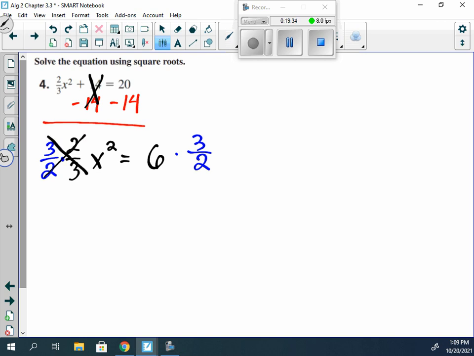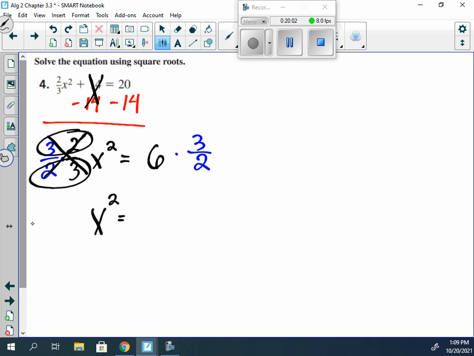Because these will cancel out, because 3 times 2 is 6, 2 times 3 is 6, so 6 divided by 6 is 1. If we do the multiplication with it flipped, on top we have 2 times 3, which is 6. The bottom is 2 times 3, which is 6, so it gives us 1. It's a nice little trick to get those to cancel, leaving us with x squared.